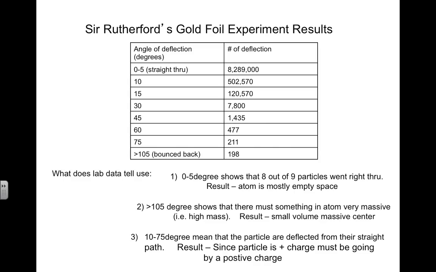So any angle of deflection greater than 90 means that that particle bounced off of the gold leaf and bounced back. He used greater than 105 degrees to mean it bounced back. So what happened was he did this experiment.